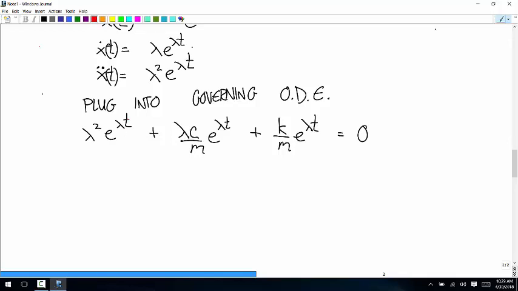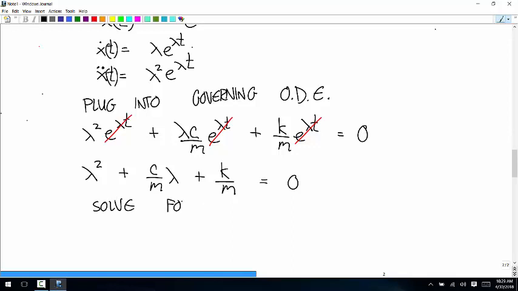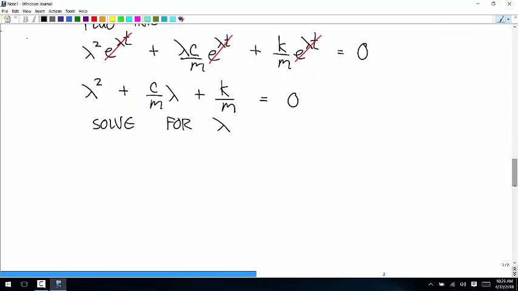We can divide everything by e to the lambda t, and you get lambda squared plus c over m lambda plus k over m is equal to 0. Just solve that for lambda using the quadratic formula.